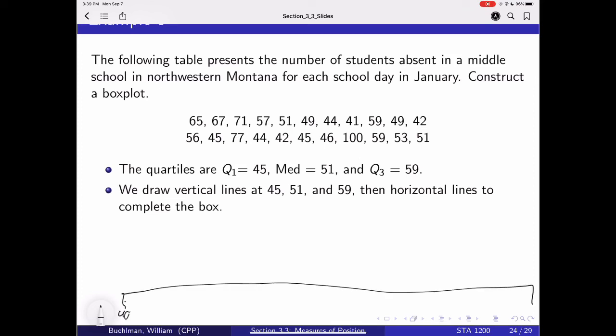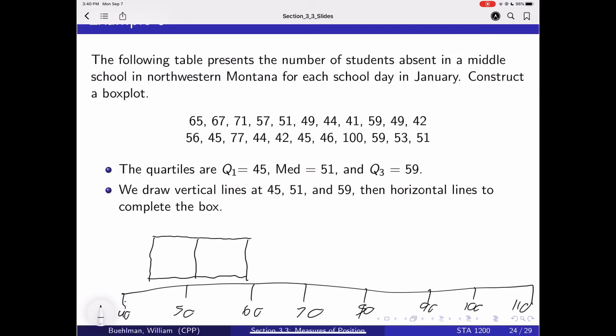So here's 40, 50, 60, 70, 80, here's 90, and here's 100, here's 110. So we're going to draw vertical lines at those points. Here's 45, here's 51, and here's 59. And then we're going to connect them together, just like that, to make the box of our box plot.